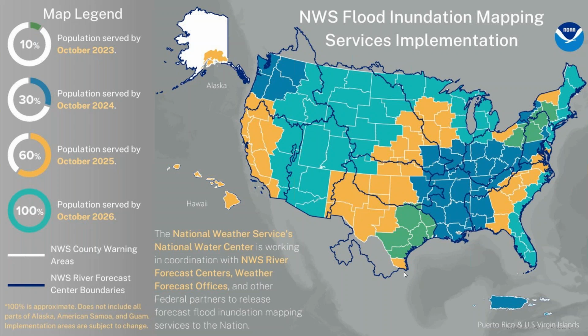So if you have friends who work in the rest of the state of Texas that's not covered in the 10%, they would expect to get flood inundation mapping services by October 2025. And then the rest of the country is in teal, and those would be unleashed in October of 2026. That's when we're expecting these to be transitioned from experimental to operational.